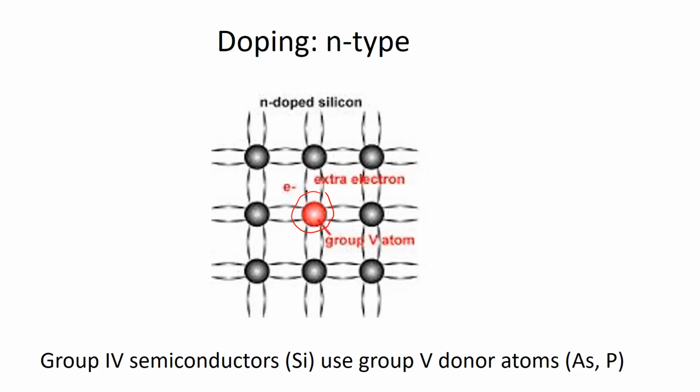This means the 5th arsenic electron is not needed for bonding. It's very weakly bound to the arsenic atom when it's in silicon, and this means that with only a tiny amount of energy, an amount which exists at room temperature, this 5th electron can leave and be free to conduct in the silicon crystal. It becomes a conducting electron.